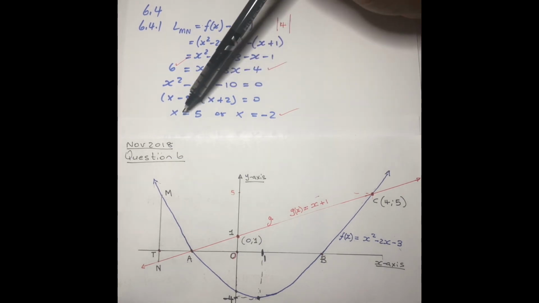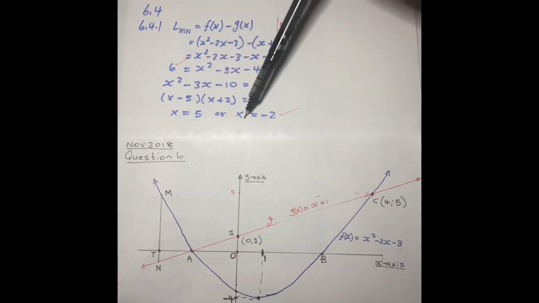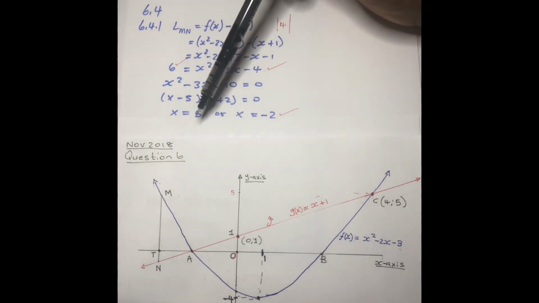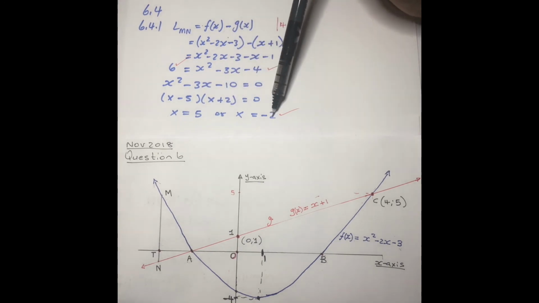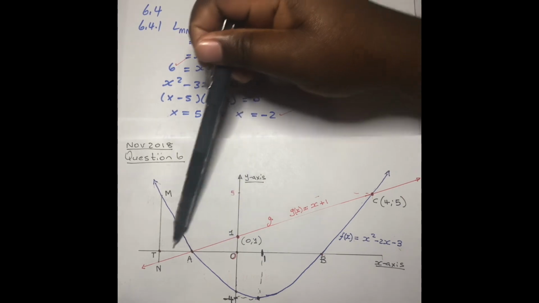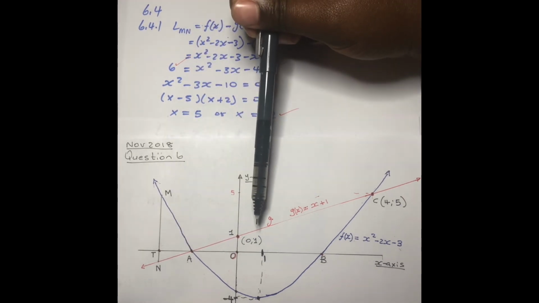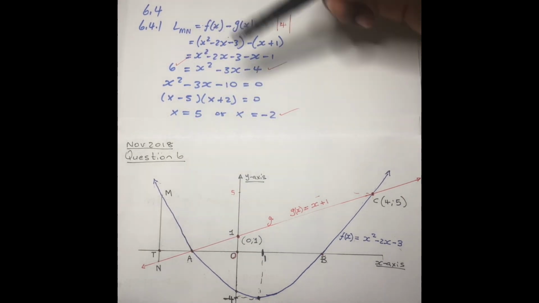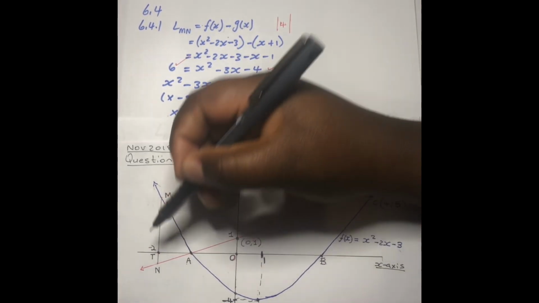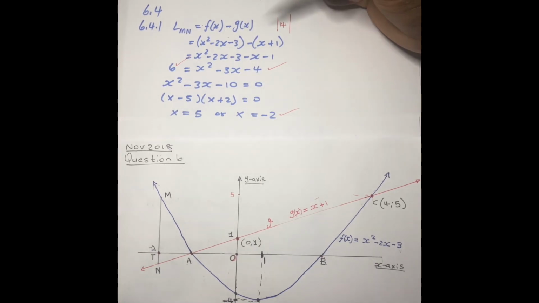So that means you've got two x values, and between these two x values, one of them is the x value at that point. It's either 5 or negative 2. Since we know that it's on the negative side of the x-axis, it has to be minus 2. So at point T, we've got our x value as minus 2.